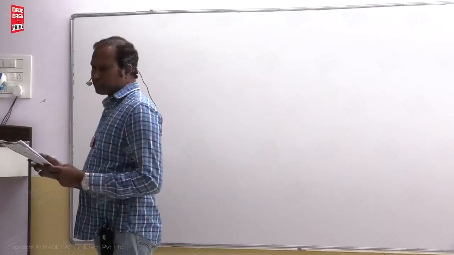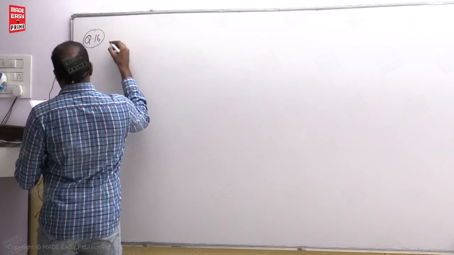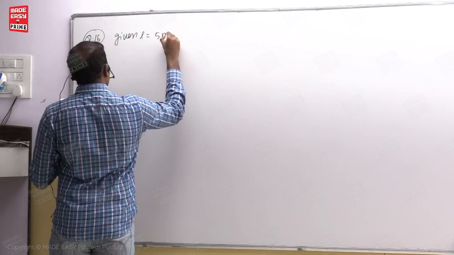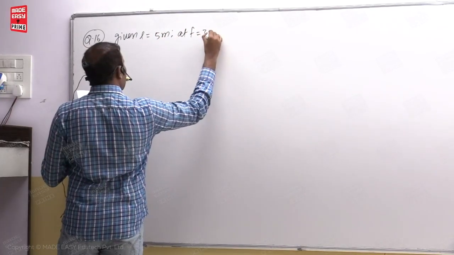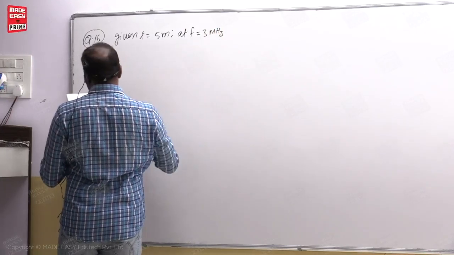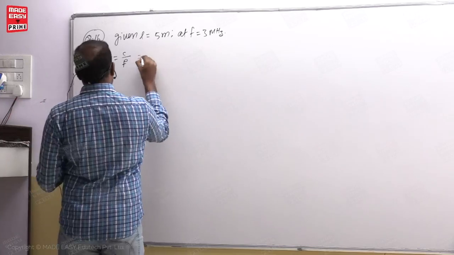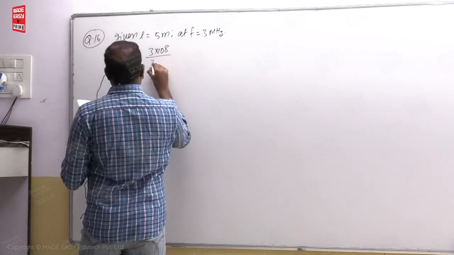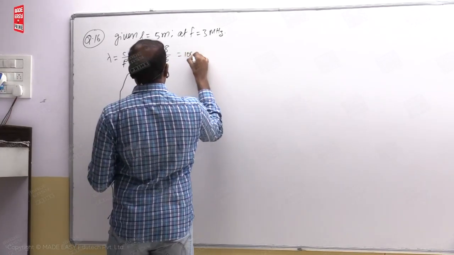Okay students, question number 16. Given L is equal to 5 meter at frequency 3 megahertz. So lambda is equal to C by F, that is 3 into 10 to the power 8 divided by 3 into 10 to the power 6, which is 100 meter.